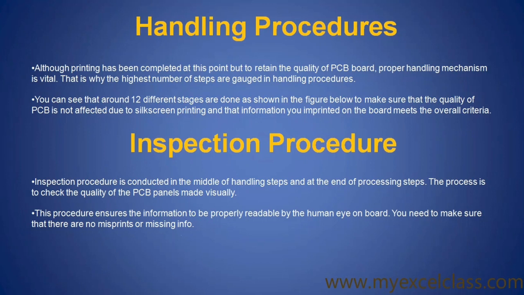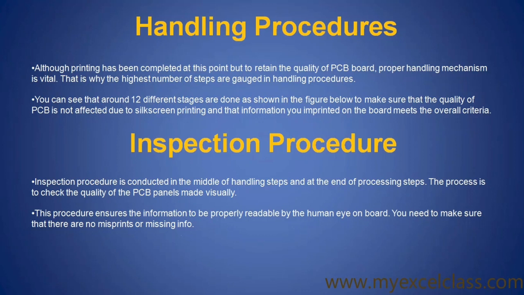Next is the inspection procedure. The inspection procedure is conducted in the middle of the handling steps and at the end of the processing steps. So the inspection is the last one for your PCB. This process is to check the quality of your PCB panel visually, and to ensure that the information is properly readable by the human eye on the board.